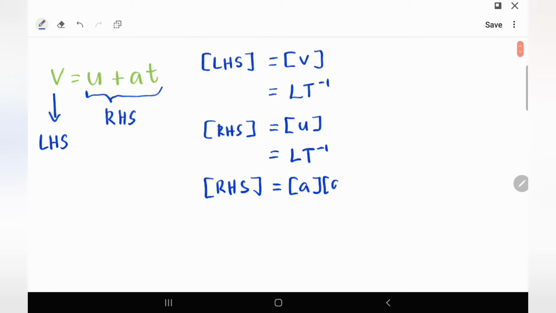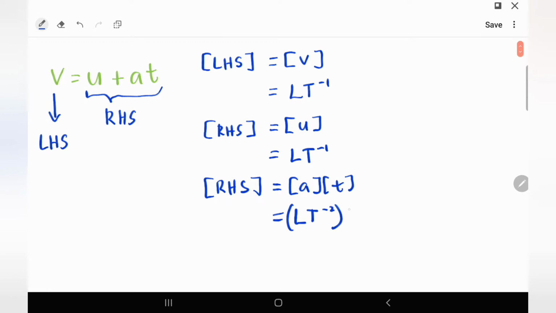So the dimension of a and t, wait, something is wrong here. Okay, so a and t. So a represents acceleration. So for any acceleration, the dimension is LT to the power of negative 2. Alright, and t represents the time.